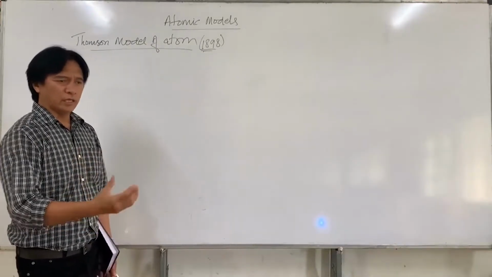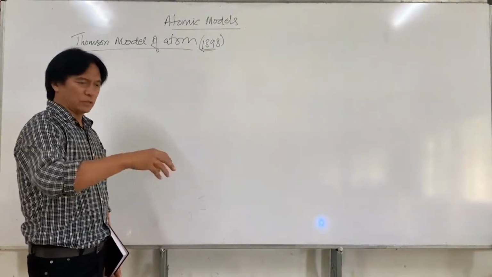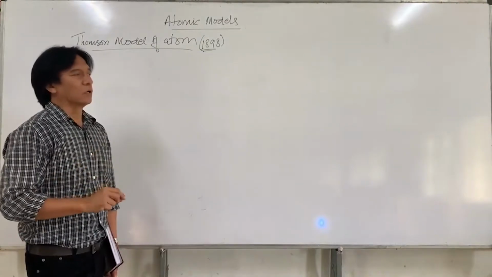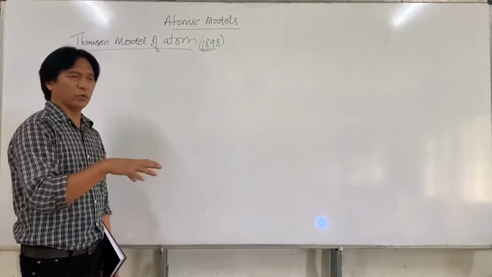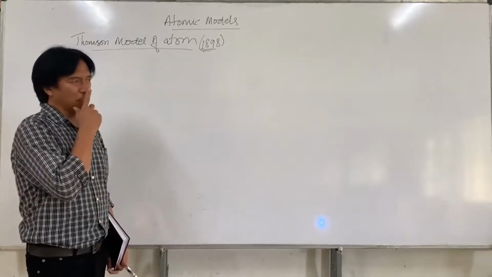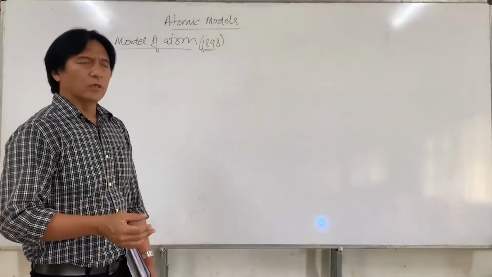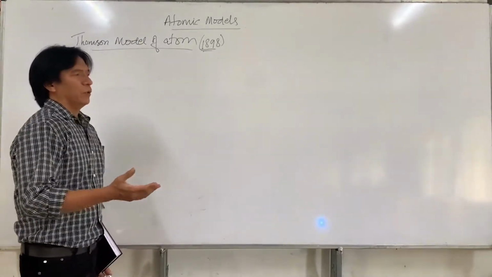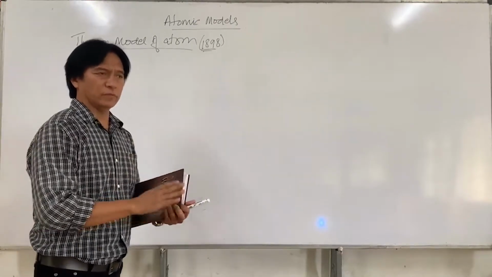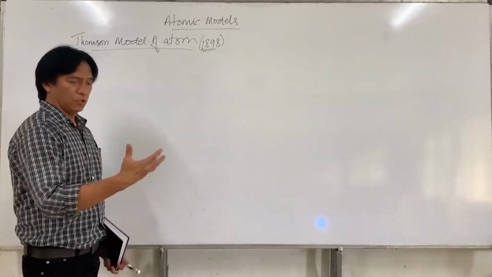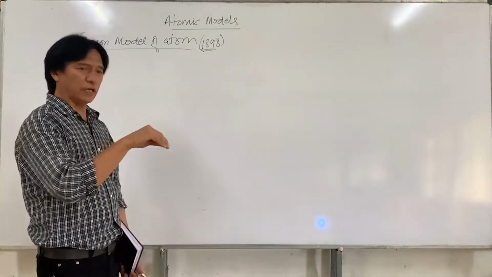It's a pudding, sort of cake-like thing in which you have plums sprinkled over it, or like raisins being sprinkled over your pudding. And it is also called a watermelon model. That's because when you cut a watermelon into two halves, you will see the red fleshy part and then the seeds scattered across.